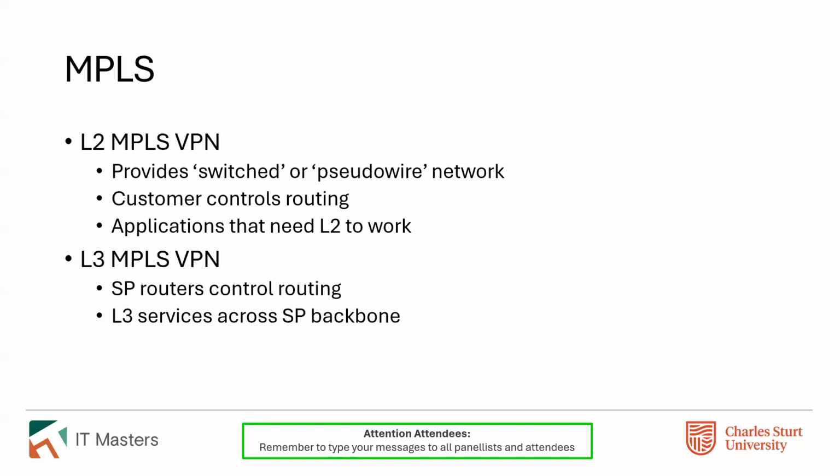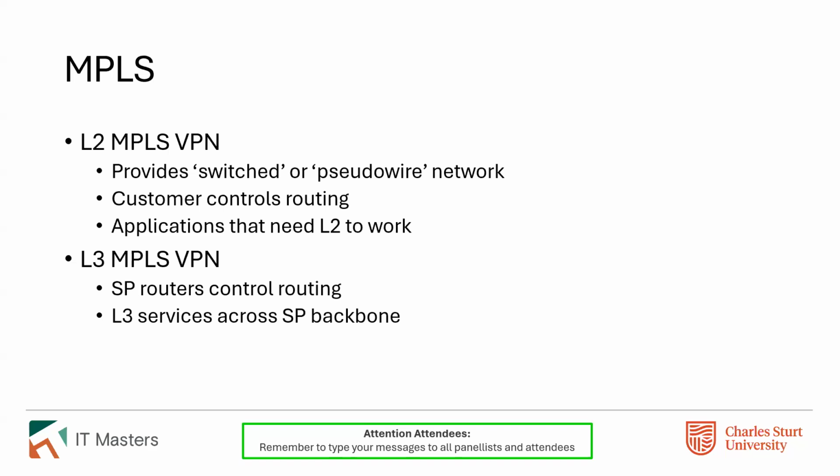There are two different forms of MPLS, and I touched on this in the forums as well. There's layer 2 MPLS, which allows you to carry layer 2 switched traffic across a network. The advantage of that is that your service provider doesn't need to know or care what your traffic is doing. You can use it however you want. You can carry IPX traffic over it if you want, IPv4, IPv6, whatever you like, and your service provider doesn't need to know or care.